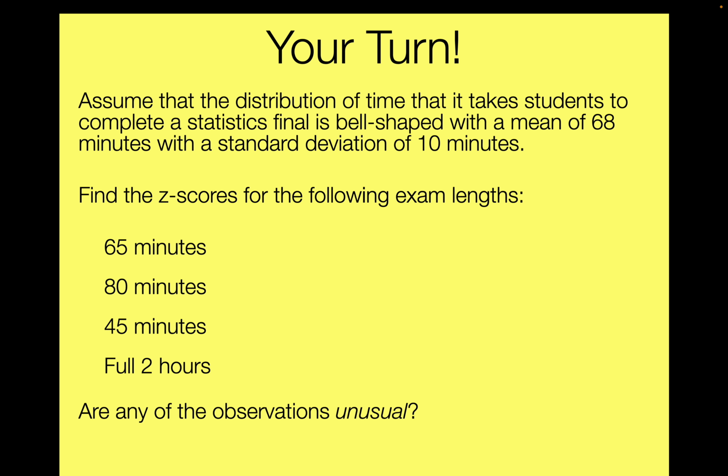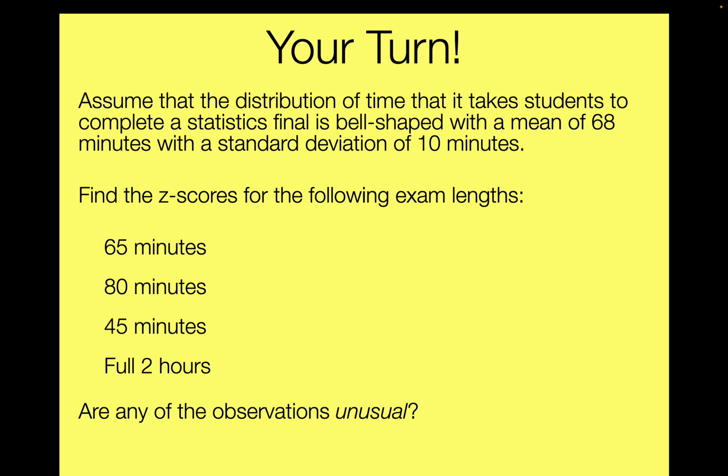Okay, so what I want you to do is take this little example. Assume that the distribution of times that it takes students to complete a stats final is bell-shaped, so it matches that shape, so we can use the empirical rule and thus we can use a z-score, with a mean of 68 minutes and a standard deviation of 10 minutes.